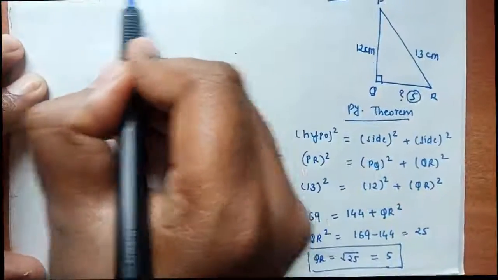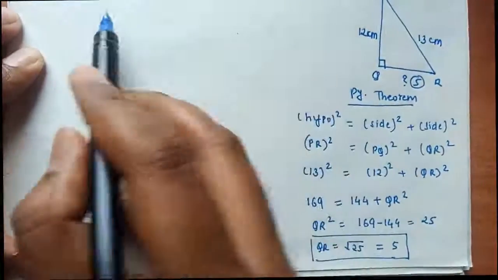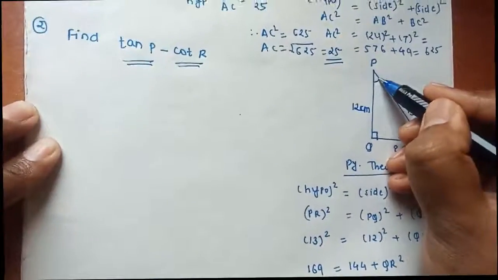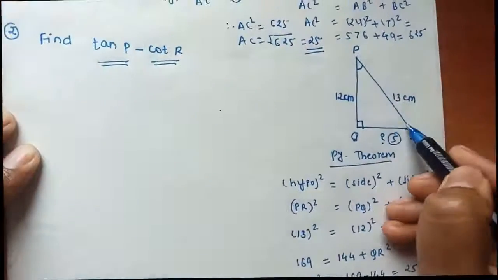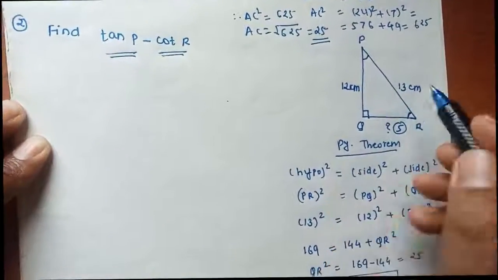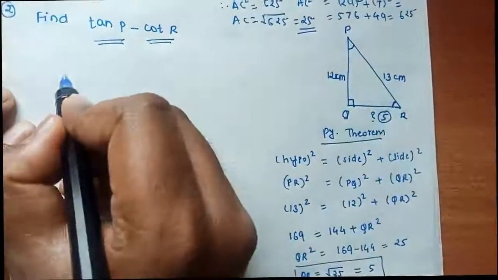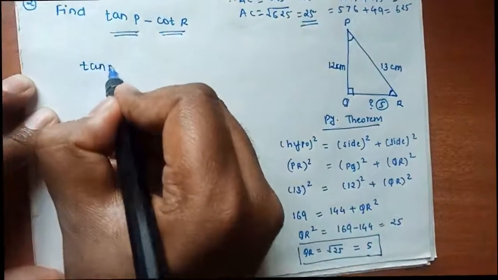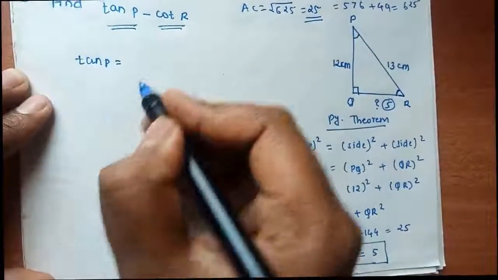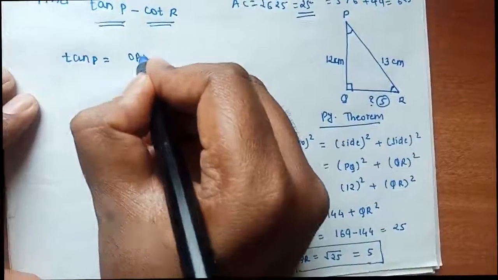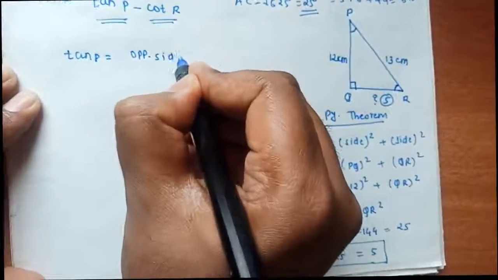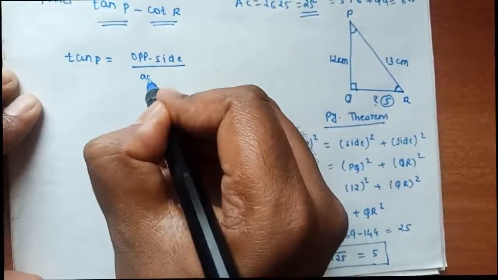Now what we have to find is tan P minus cot R. So tan I have to find for P and cot we have to find for angle R. So don't make the mistake here. Tan P, that means tan of angle P. So tan P is equal to, we know the formula of tan, that is opposite side upon adjacent side.